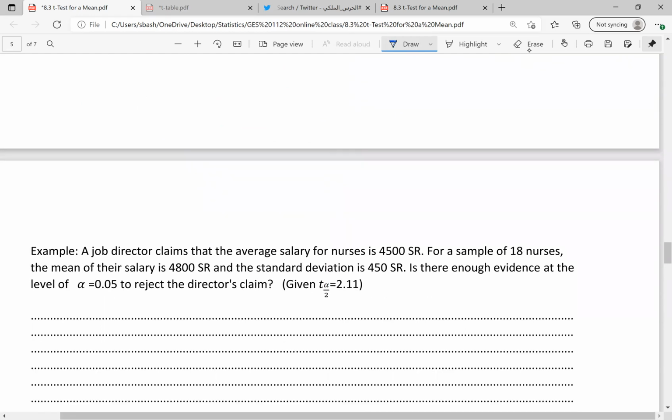Next example. A job director claimed that the average salary for nurses is 4,500 Saudi riyals. This is mu.